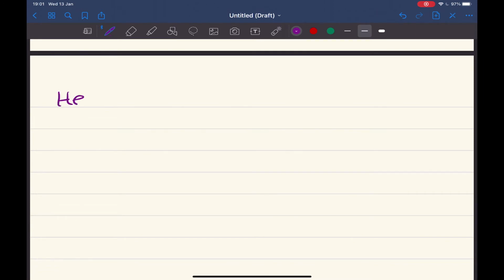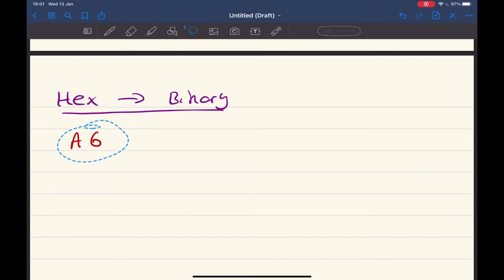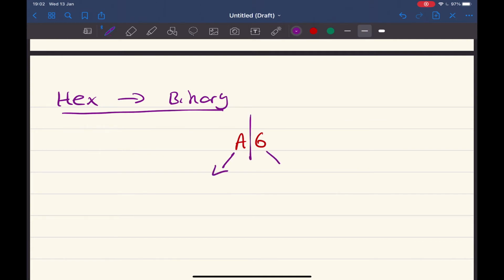So the first thing that we'll go through, because it's a bit easier, is we'll do hex to binary. So hexadecimal numbers always come in double digits. So let's take the hexadecimal number A6. To convert this, we take our number and we split it up.